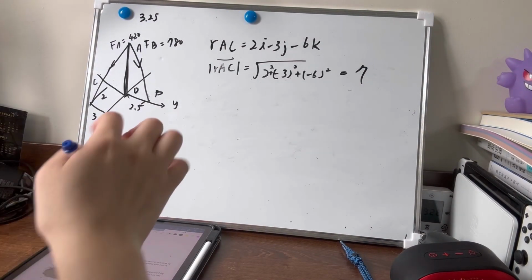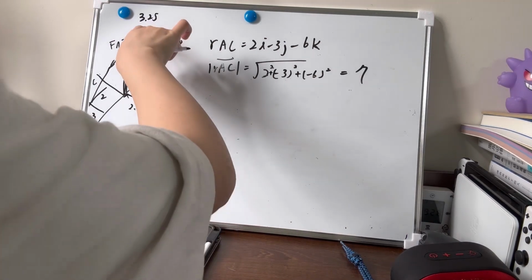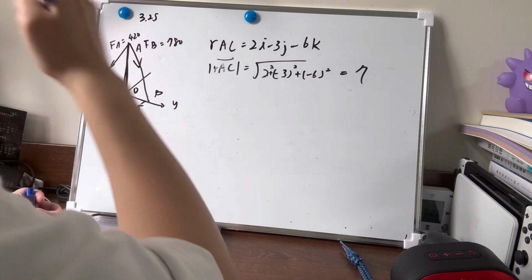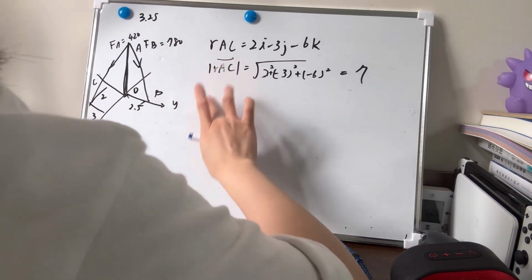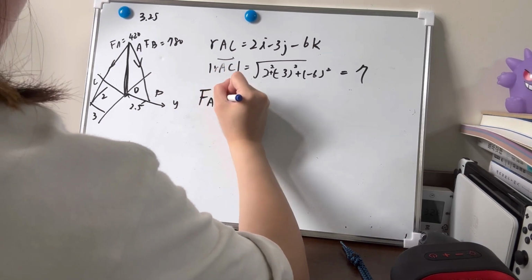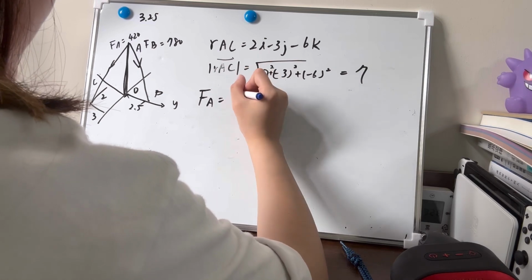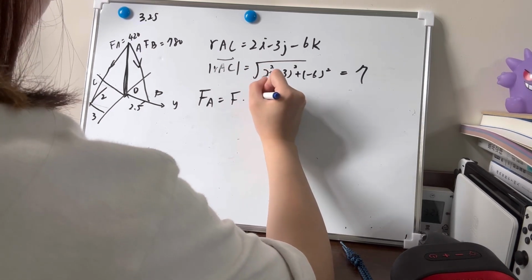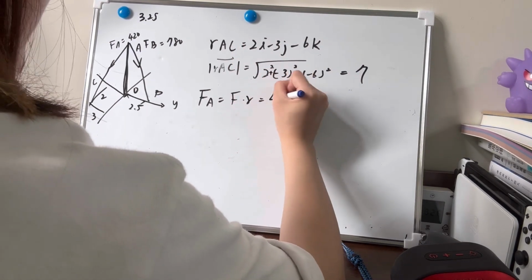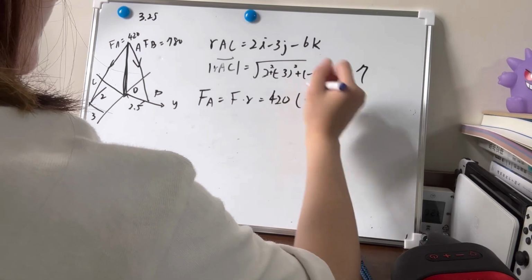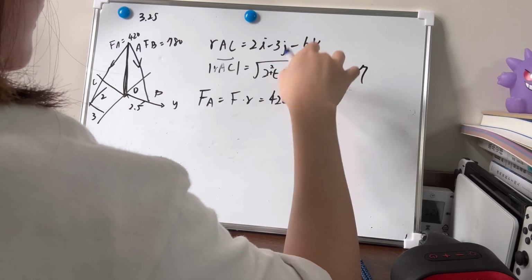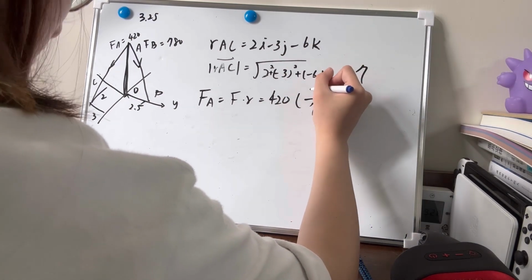So now we know the force here, force A is 420, and we have to know the Cartesian vector of the FA. So the function is like F times the R. So it could be like 200 times, at the 7, at the x-axis is 2.